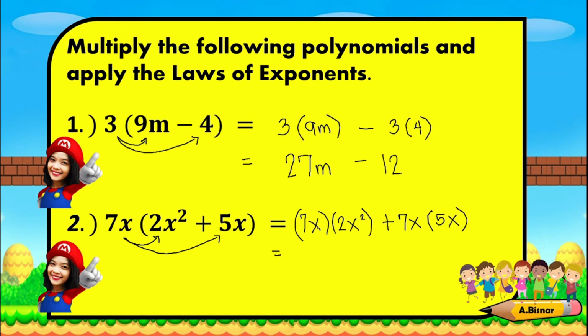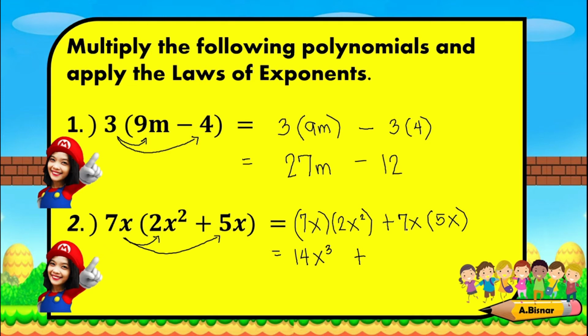So, 7x times 2x squared, we'll multiply first the numerical coefficient. 7 times 2 is 14. Then, let's add the exponent of x. So, we will have cube. Because the exponent of x in here is 1. And 1 plus 2 is 3.